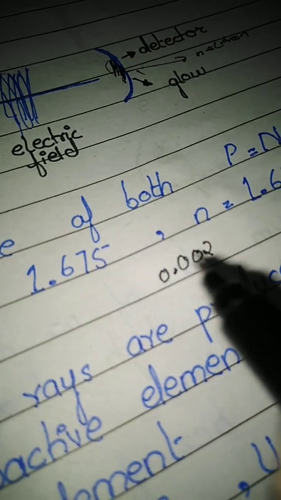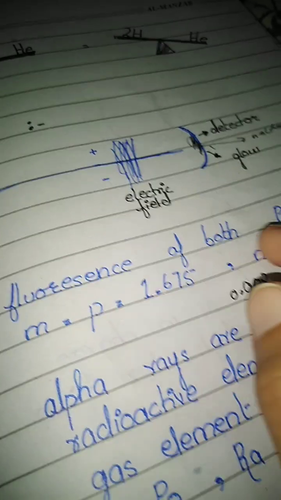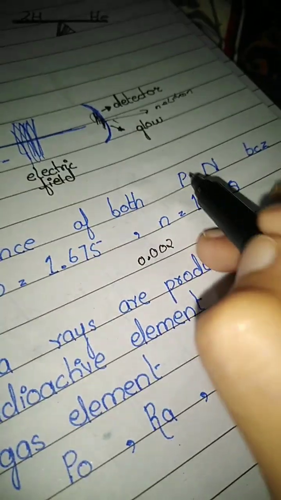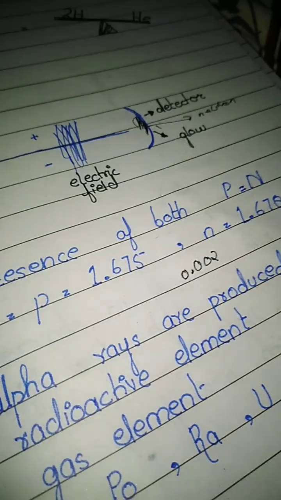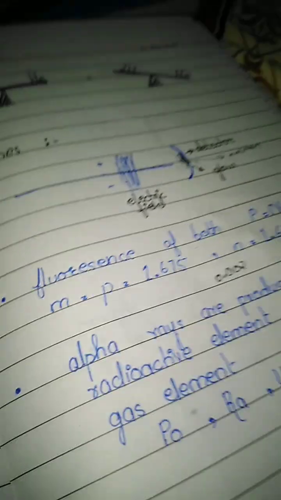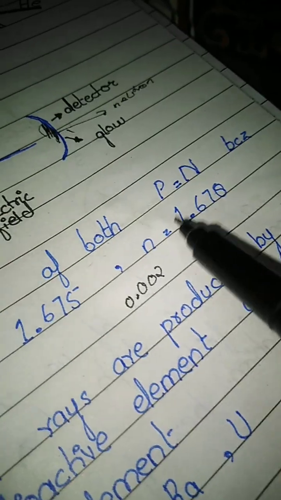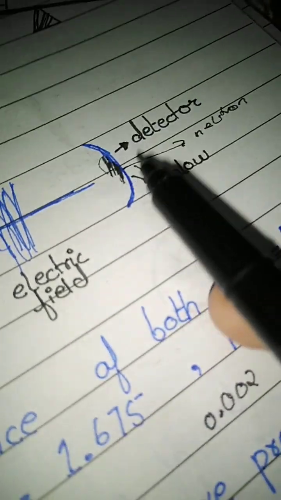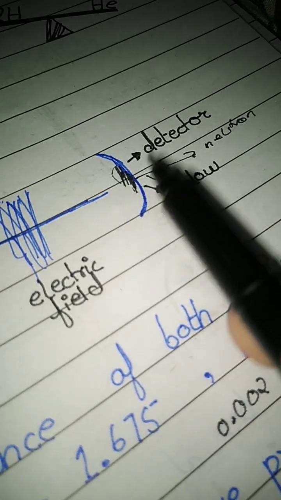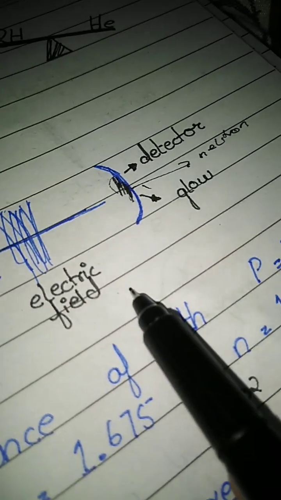That is a very minor difference, so we will not talk about that, and we will consider the mass of the proton equal to the neutron. Alpha rays are produced. Now how did we consider both masses equal? Because the fluorescence from the positive rays and from the neutrons is equal. That's why we considered the mass equal.